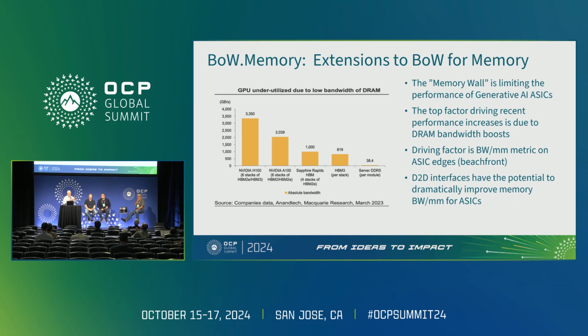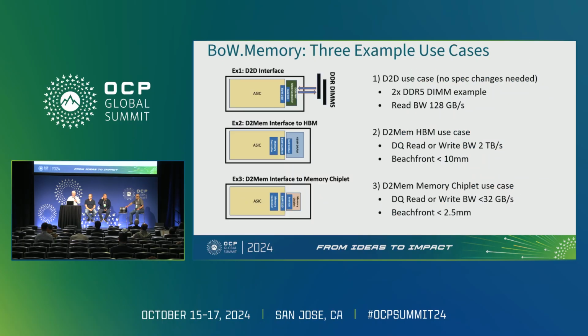And the memory wall, which gets a lot of press and a lot of people talk about, is one of the limiters on overall system performance. There have been a number of people looking at different ways of using die-to-die and chiplet approaches to drive memory, break the memory wall, and improve the bandwidth per millimeter along ASICs.